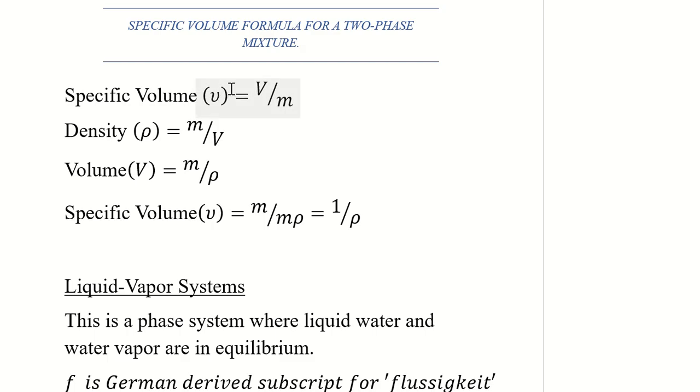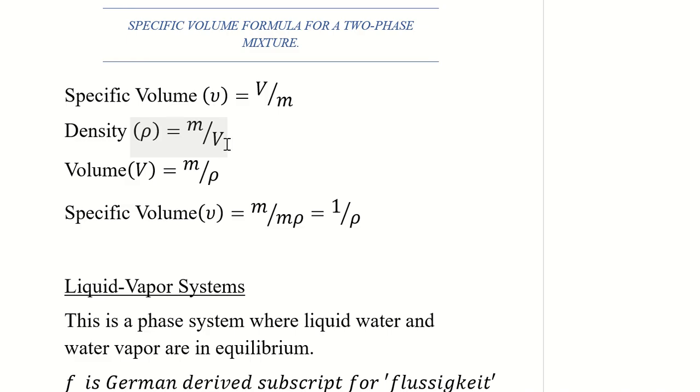Density is represented by the Greek letter rho, which is equal to total mass divided by total volume. So density is mass per unit volume. And total volume is represented by a capital V, which is equal to mass divided by density. Volume is equal to mass over density.